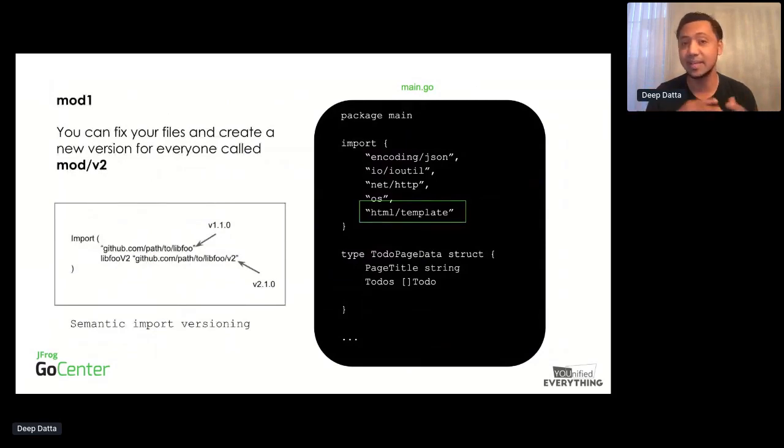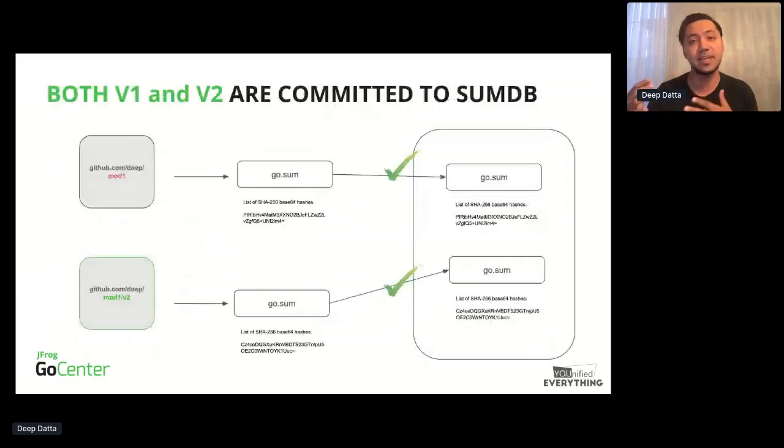So using the right semantic import versioning, I'm going to save my module 1 as a v2. That way, when I am committing it back to the database, Google knows that these are different versions of the same module, and this means that the checksums will be unique, they'll line up, and they'll be committed.